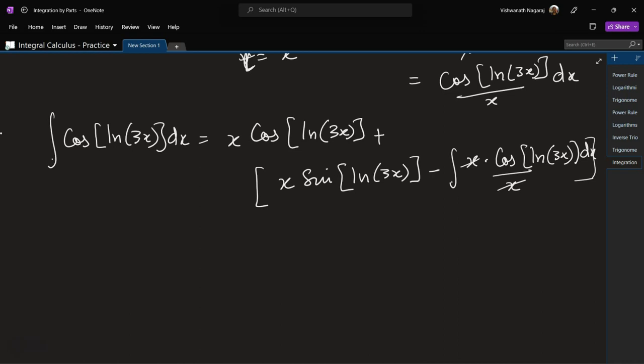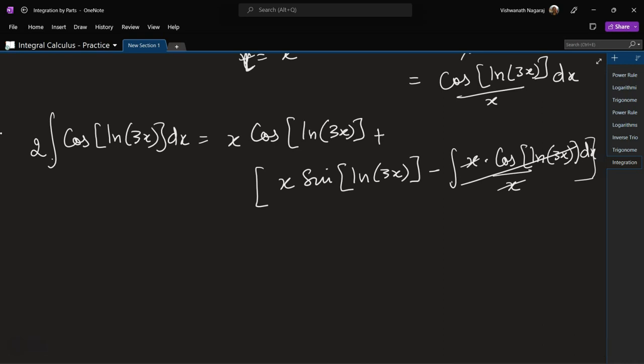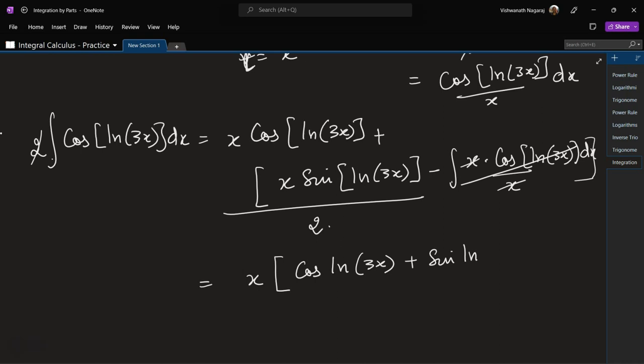So if we bring it to this side, this becomes plus, so this becomes 2, and if we cancel 2 from here, this becomes divided by 2. So we end up with x, which is common to both of them, times cos of natural log of 3x plus sine of natural log of 3x, by 2 plus c. So that is the integral.